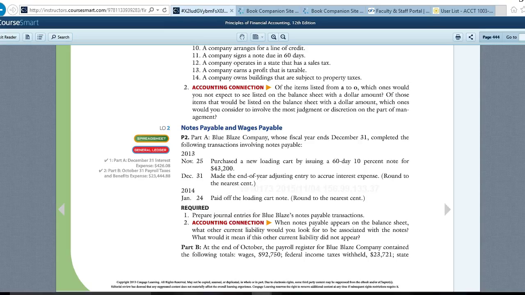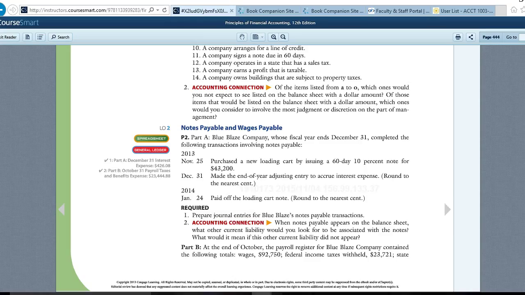But since December 31st is the close of his accounting period, he needs to accrue that amount of interest that has been expensed. Then on January 24th, he paid off the note along with the interest.